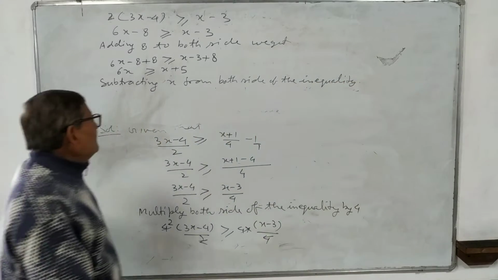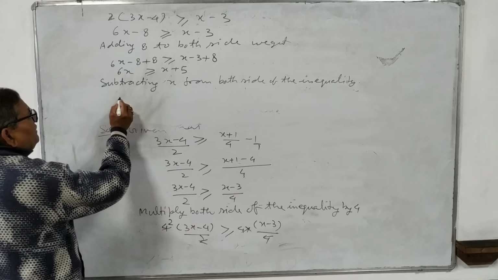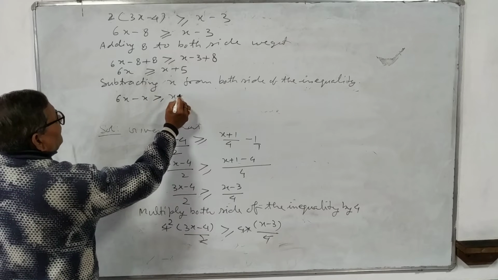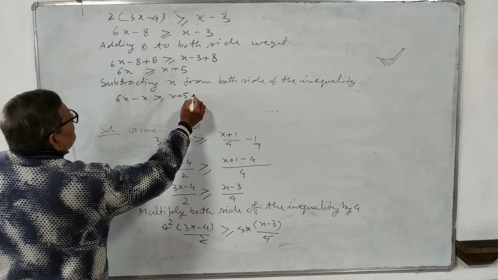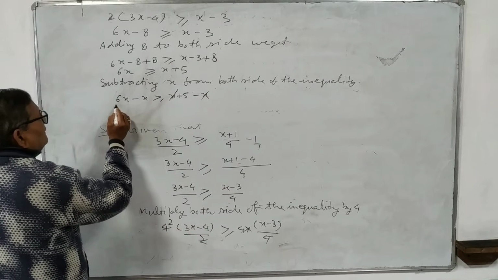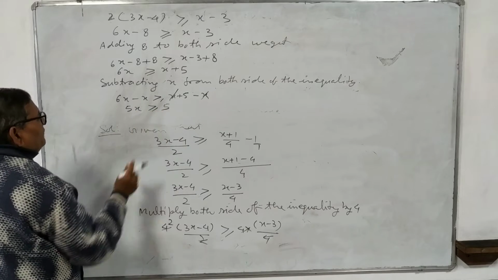Since we are subtracting the same number, the sign of the inequality is unchanged. 6x minus x is greater than or equal to x plus 5 minus x. x and x will be cancelled. 6x minus x is 5x is greater than or equal to 5.